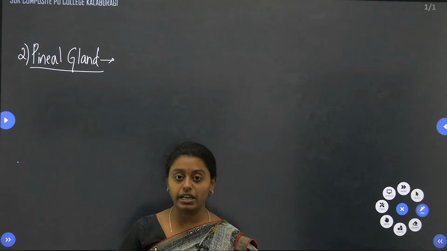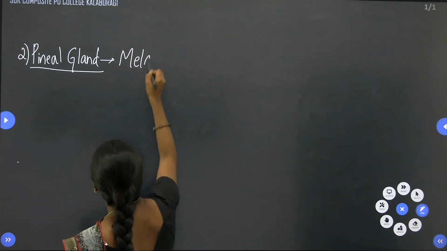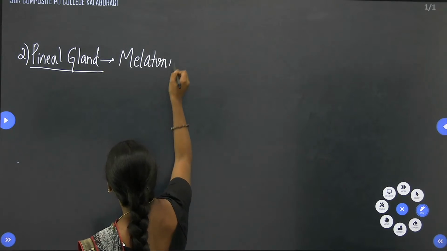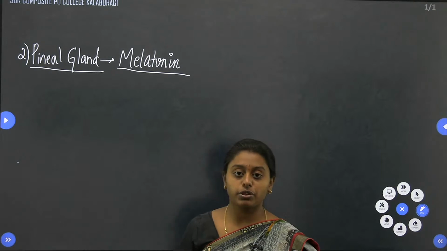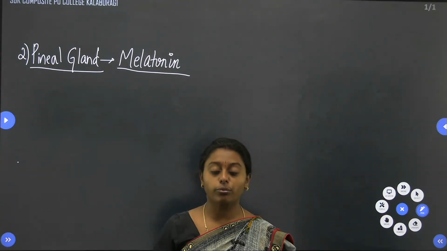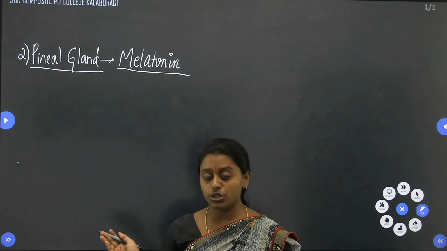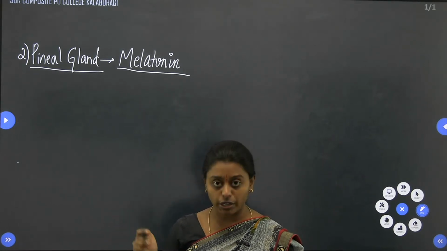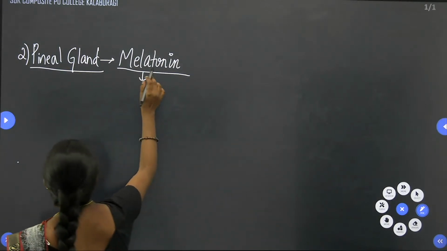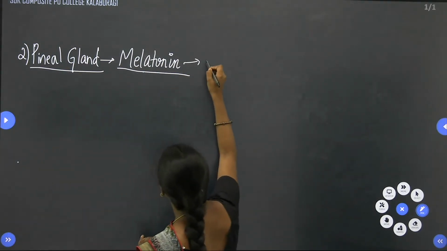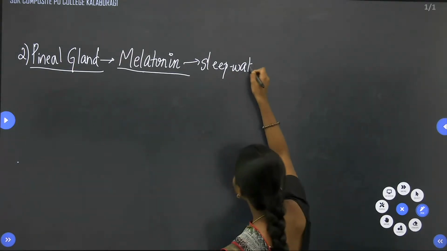So this pineal gland is responsible for secretion of the hormone called melatonin. Melatonin performs various functions within our body, which can be generally termed as the sleep wake cycle. So melatonin helps in maintaining the sleep wake cycle.